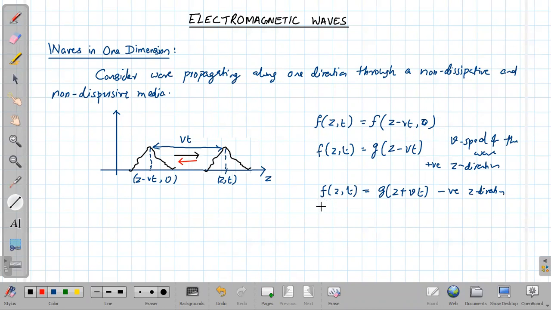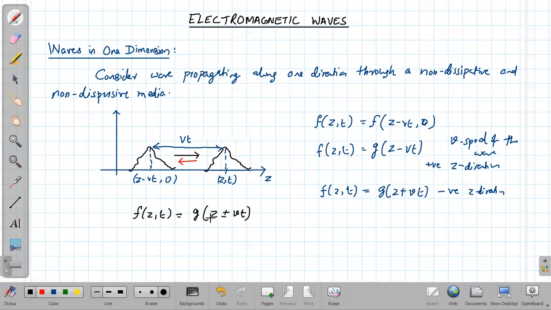Now, we have just discussed the functional form of the wave in one dimension. The wave function in general, f of z,t, whether it is propagating in the positive or negative z direction, must be a function of z plus or minus vt. The plus represents motion in the negative z direction and the minus represents the wave propagating in the positive z direction.